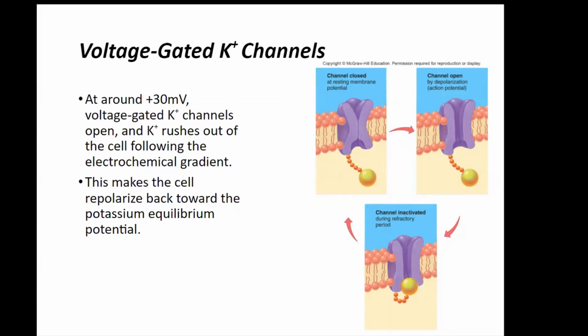So potassium is going to rush out of the cell following its electrochemical gradient. This means that we no longer have sodium coming into the cell, and now we have a lot of potassium going out. So the membrane potential of the cell is going to go back towards its equilibrium potential. So we're going to call that the repolarization phase, because we're going back. And the way we manage to go back is we're having these potassium channels opening.